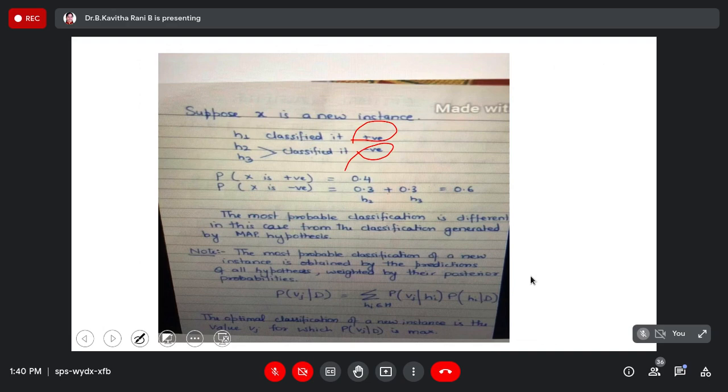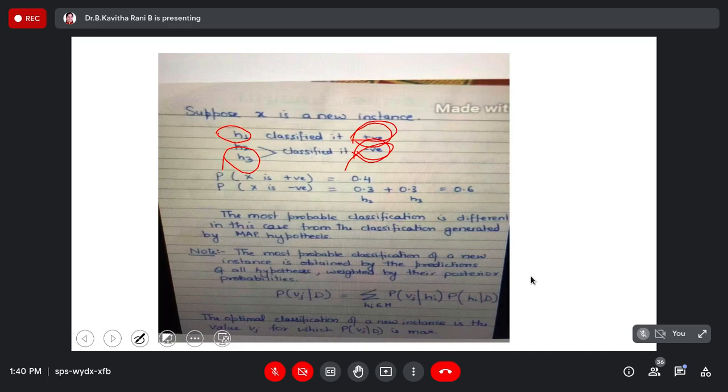Here H1 is classified as positive because it has the highest probability, so we divide it into the positive class. The remaining 2 hypotheses are on the negative side, so we divide them into the negative class. So according to the MAP hypothesis, H1 is the more probable.